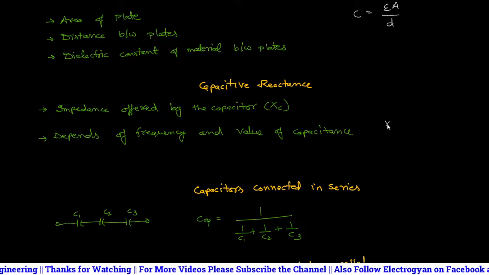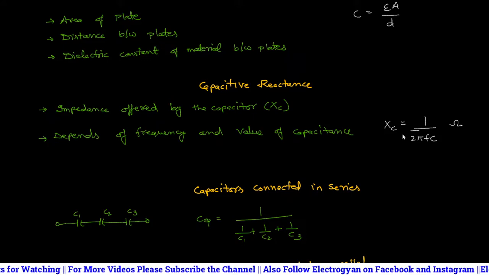It is written as Xc is equal to 1 upon 2 pi f c, measured in ohm. So this is 1 upon 2 pi f c ohm. Note that capacitance is measured in farad, but capacitive reactance is measured in ohm.